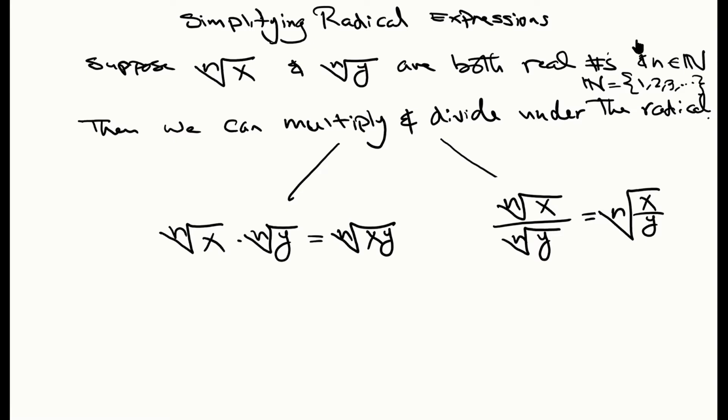And then for all n belonging to the set of natural numbers, so we want the index to be a natural number. Of course, you know the set of natural numbers are also known as the set of counting numbers, numbers you can count on your fingers, like 1, 2, 3, etc. And we're usually interested in n values larger than 1, because if n is 1, you just get the first root of a number, and the first root of a number is just itself.